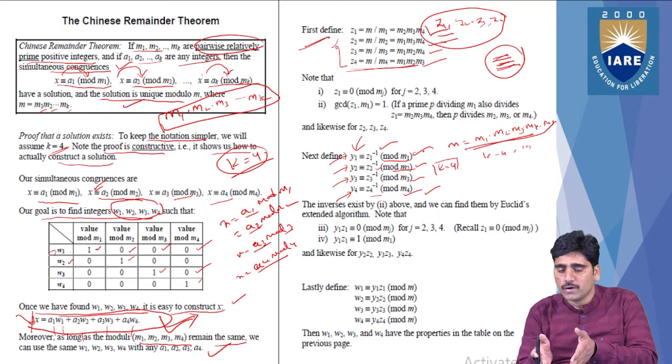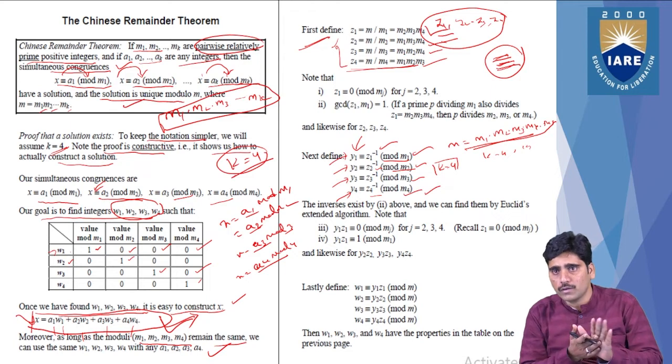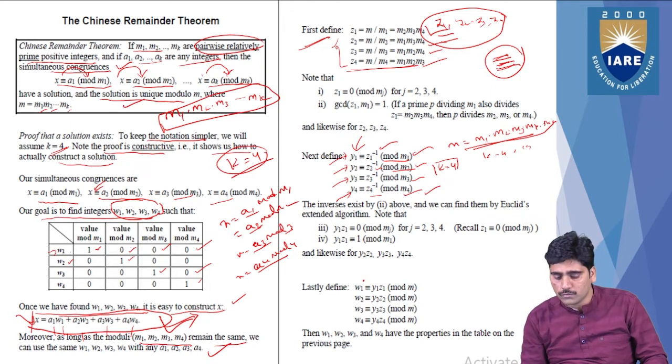So first we define the Z values, after that we define the Y1, Y2, Y3, Y4 values. And lastly we have to define the W1, W2, W3, W4 values. So how?